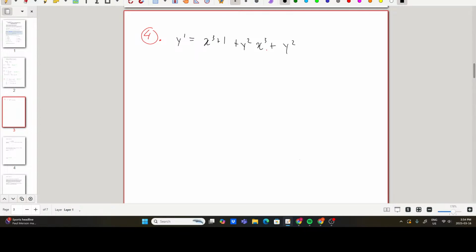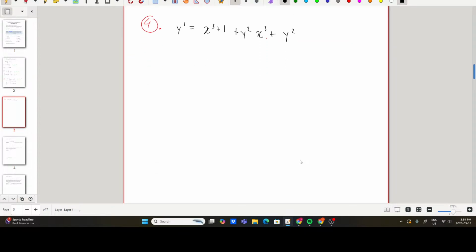Okay, so now what do we need to do? We need to rewrite this in a way and see if it's separable or not. So y prime would just be dy dx. I need to move all my y's to the left hand side and all my x's to the right hand side. So can I rewrite this in any way possible?